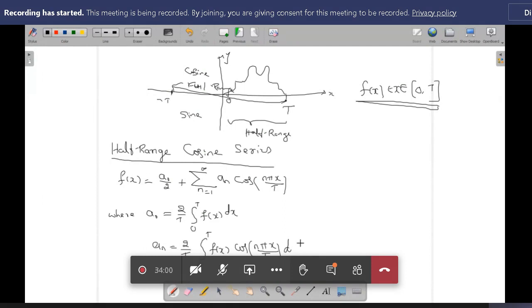So this is the half range cosine series definition. Now we can define the half range sine series.